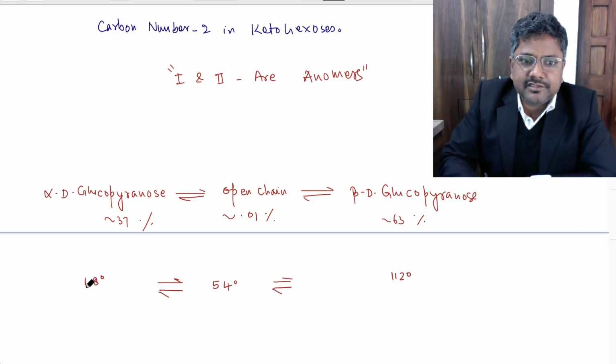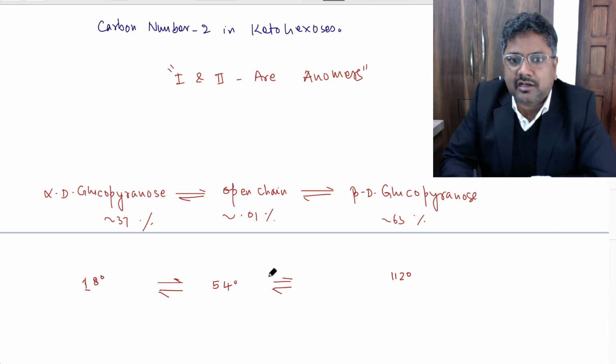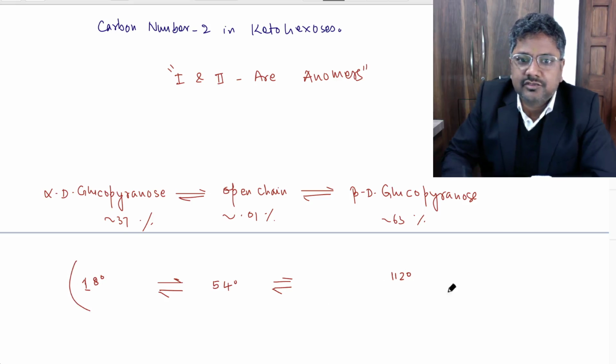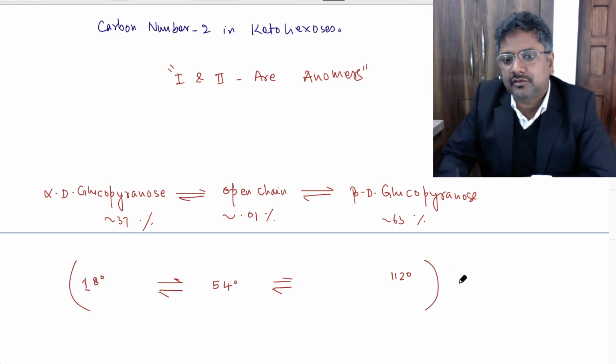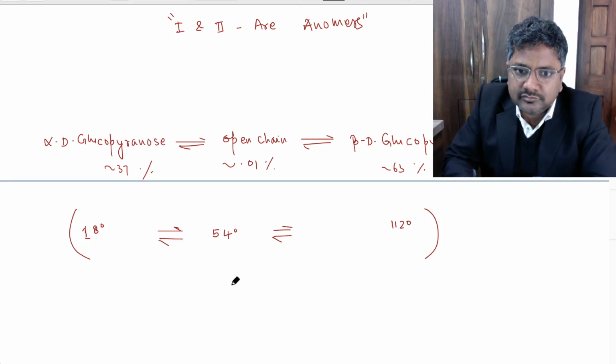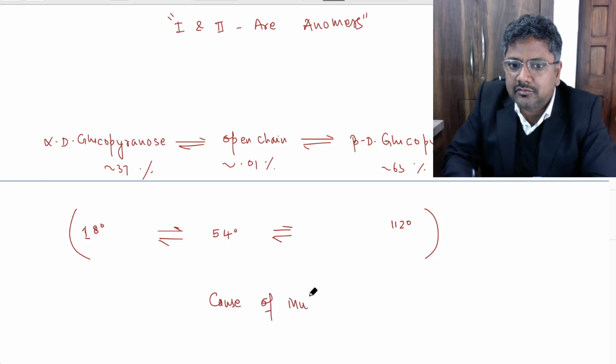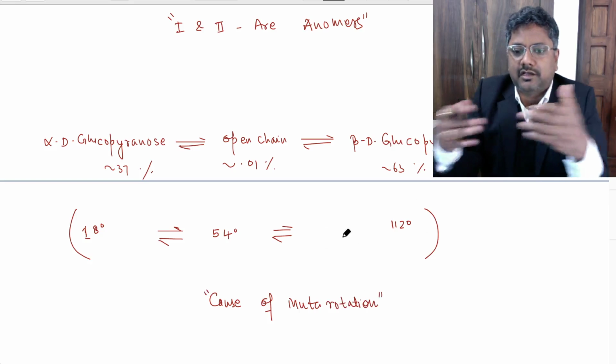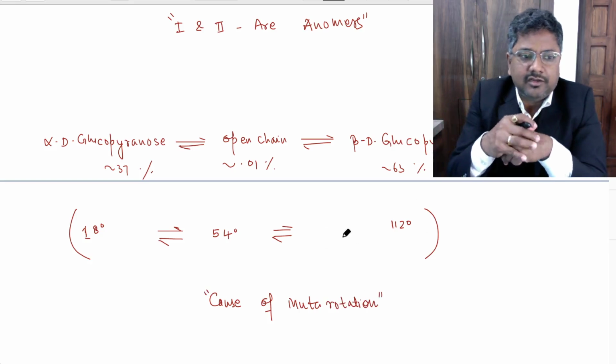So with time, the angle of rotation decreases for one, and for the alpha-D it increases, and for this it decreases. So this is the cause of mutarotation, that alpha and beta convert into each other.